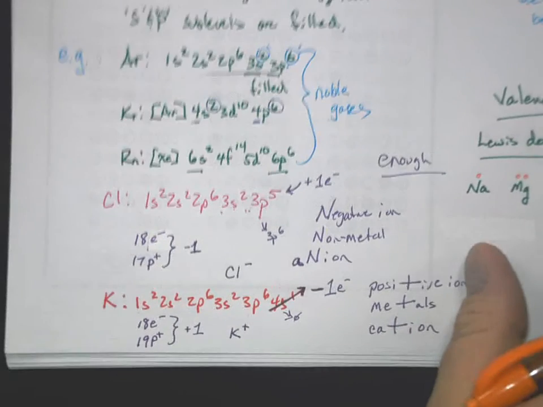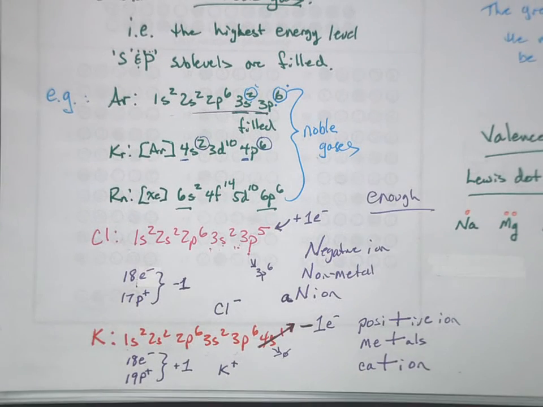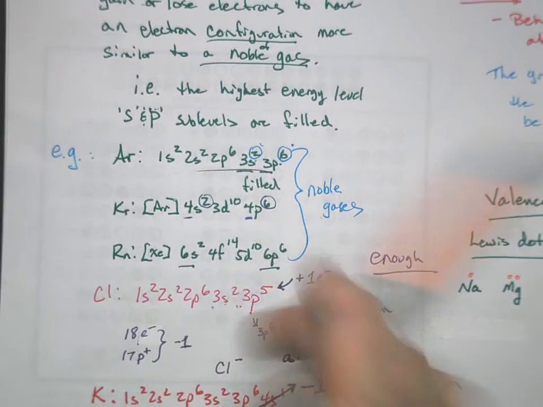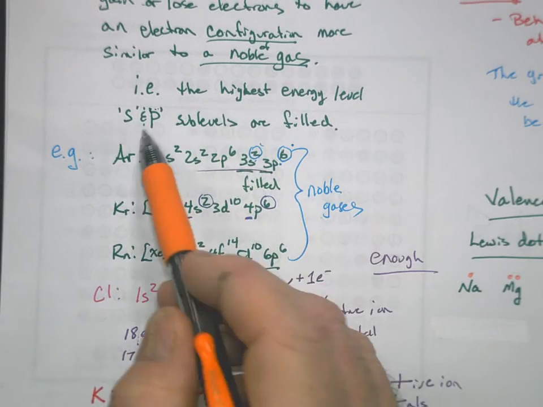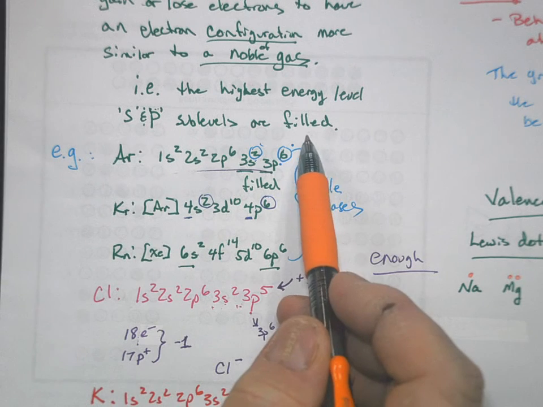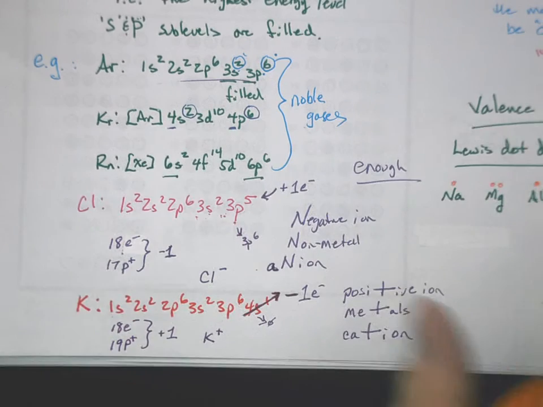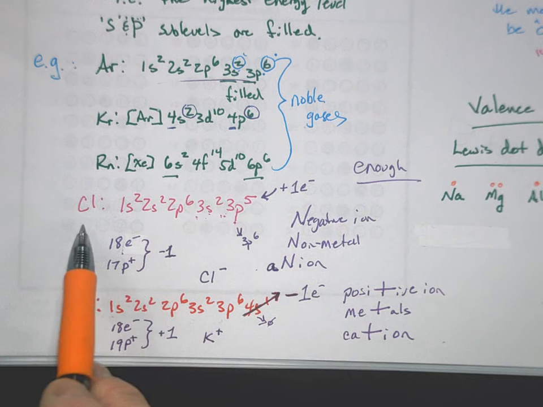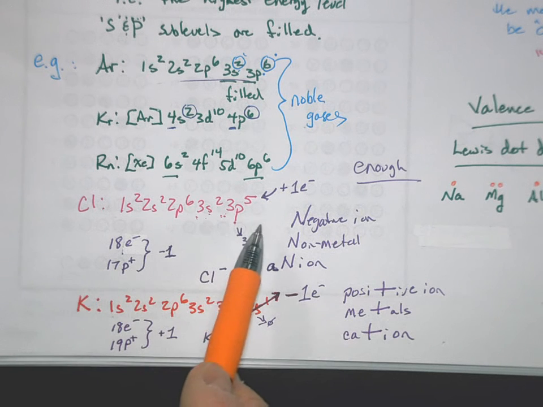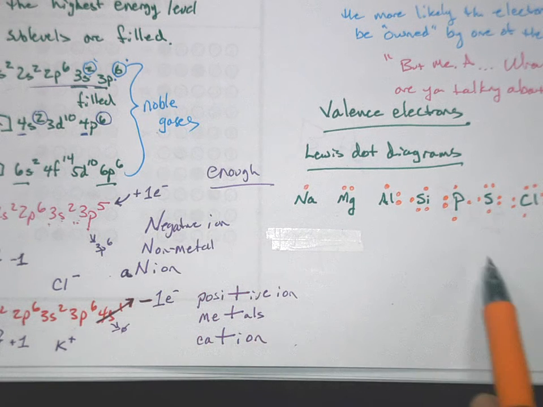When we were making ions, we wanted the highest energy level S and P sublevels filled, right? That's why chlorine down here, with its 3s2, 3p5, is going to look like that.